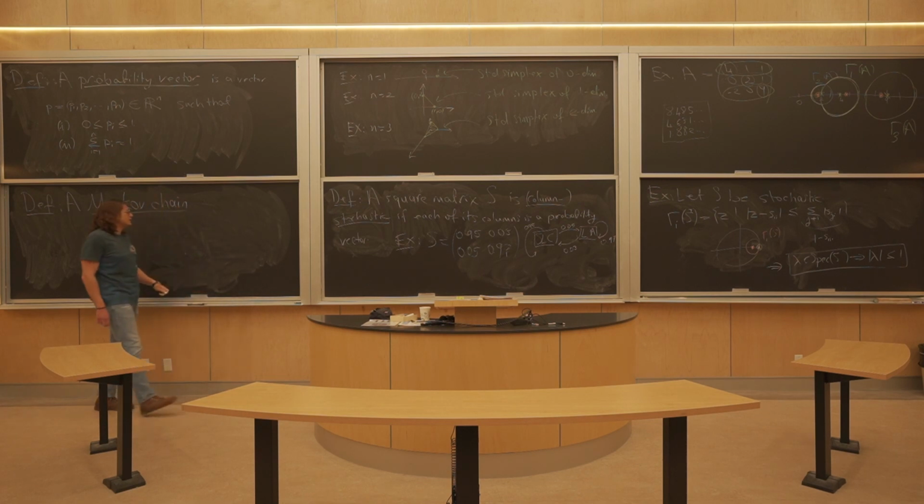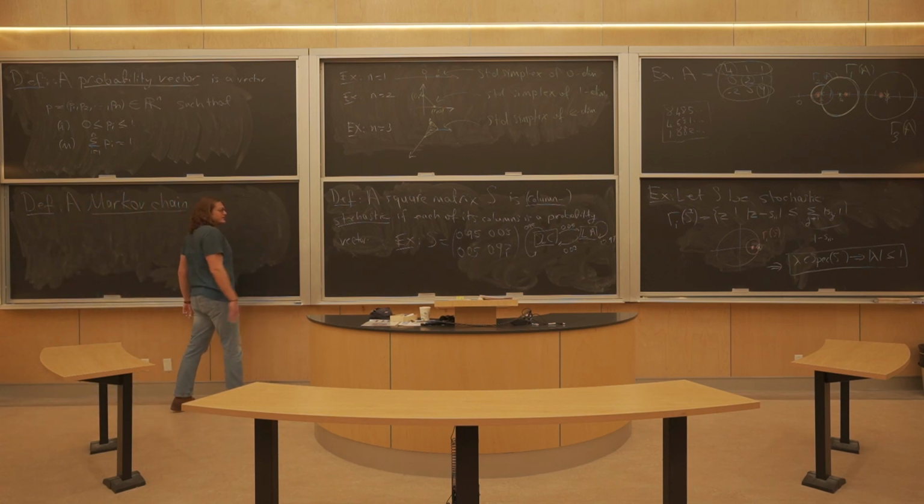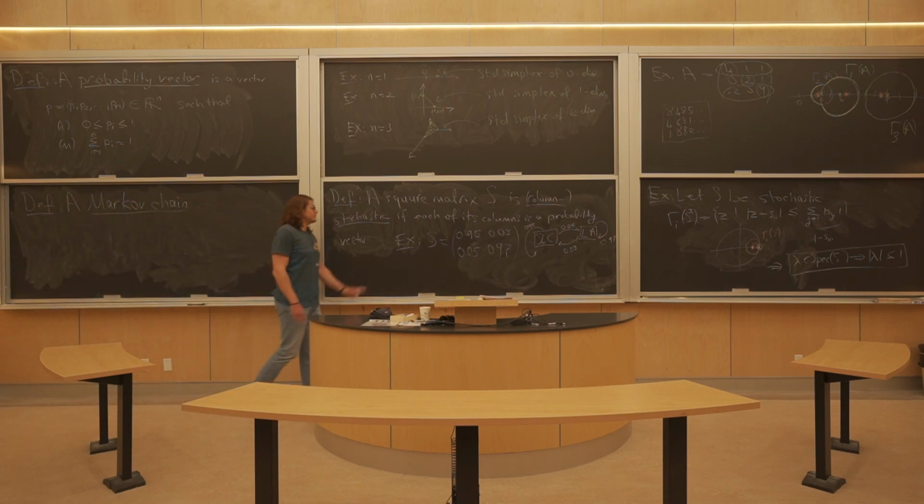A Markov chain is a dynamical system. So it's the iterates of a square matrix, where the matrix is stochastic.